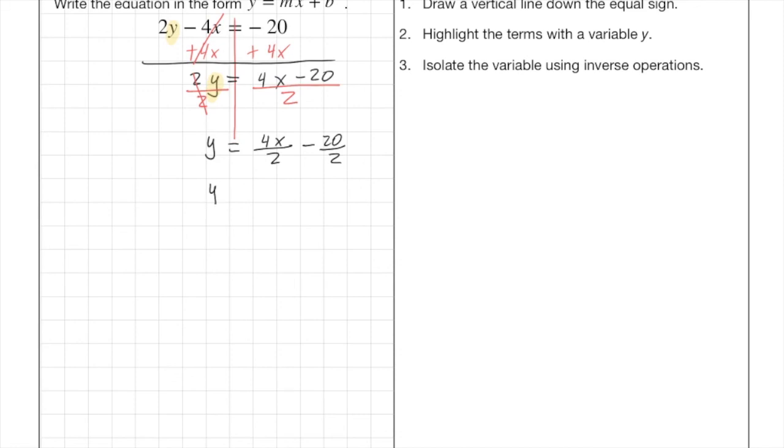This is pretty simple math. So 4 divided by 2 is going to give you 2x. And then we have minus 20 divided by 2, which is going to be 10. Now this is in the form y equals mx plus b.